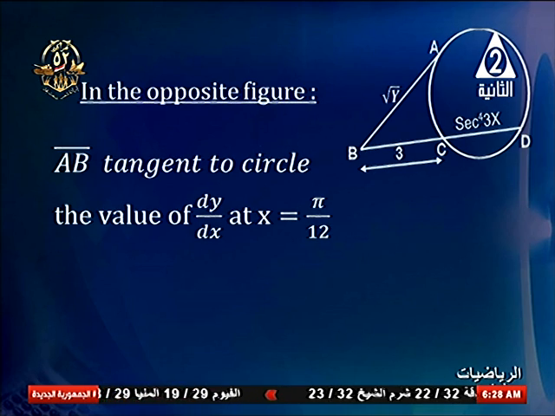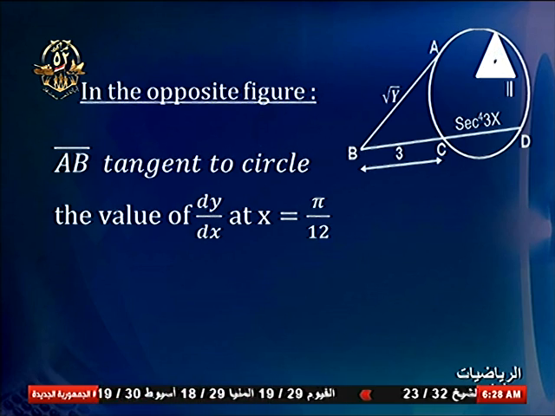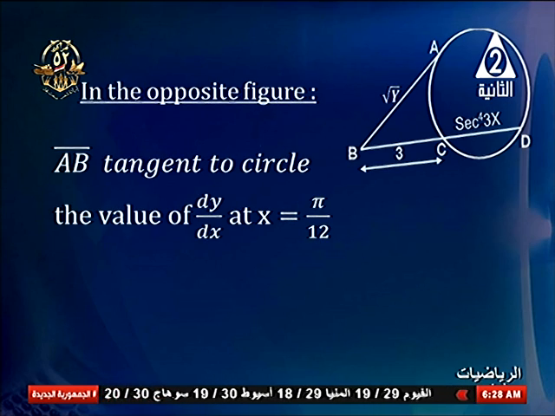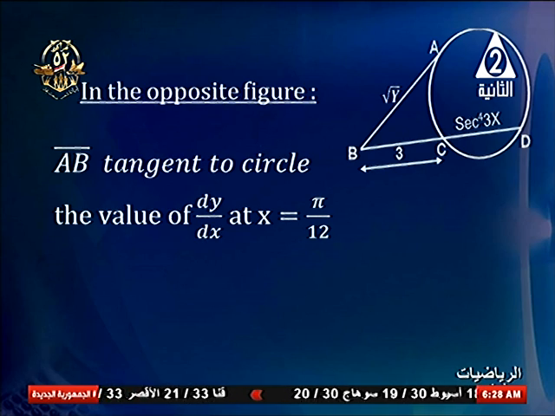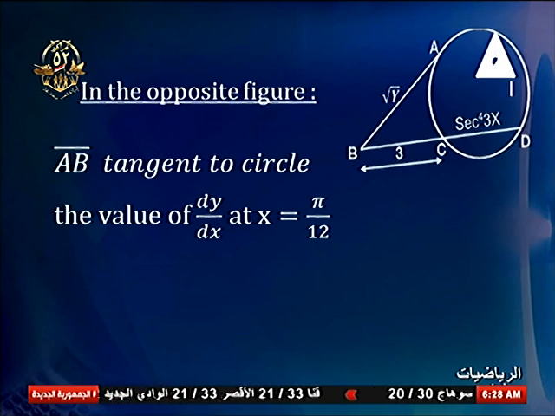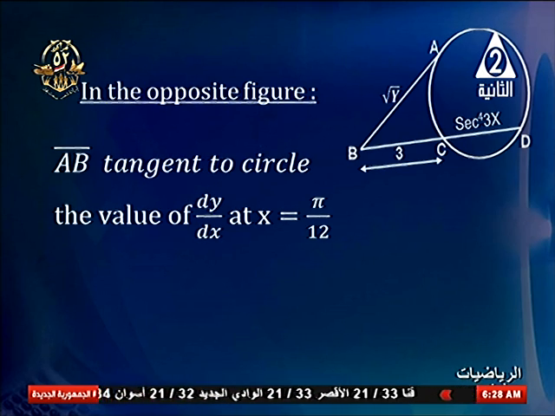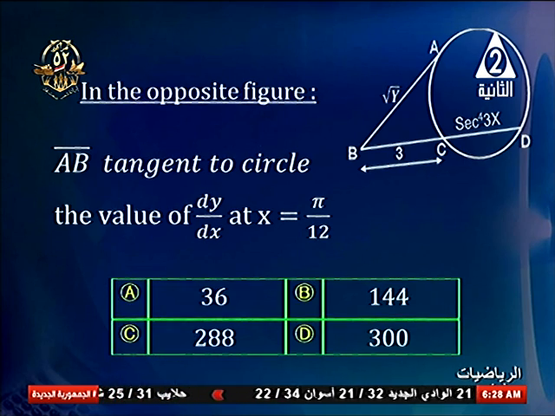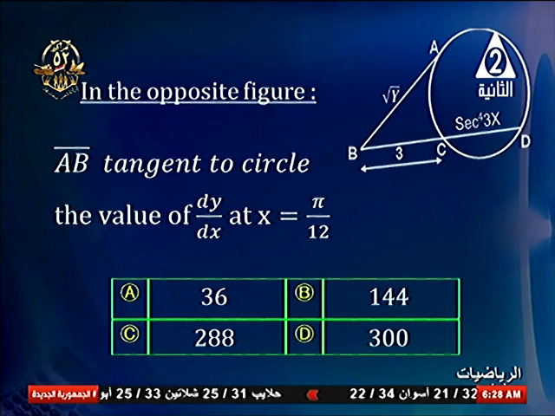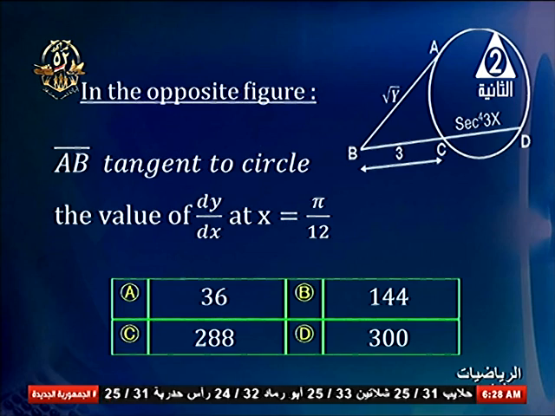Look, we have a circle and a tangent, and the chord DC intersects AB at B. What is the value of dy over dx when x equals pi over 12? Choose the correct answer: 36, 144, 288, 300.